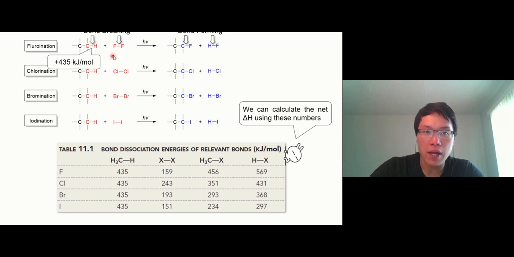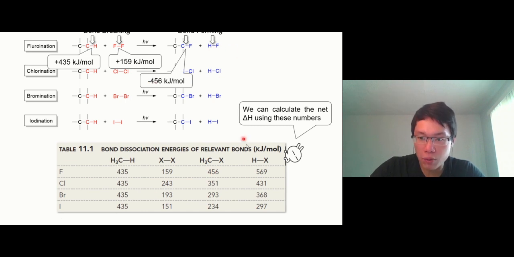We also have to break the fluorine bond, for which I need to supply at least 159 kilojoule per mole. So add these two; I have to add this total energy to start this reaction. Then when the reaction occurs, I gain energy back. The CF bond forms, and the CF bond is 456, really strong. That's negative, that's what is coming out.